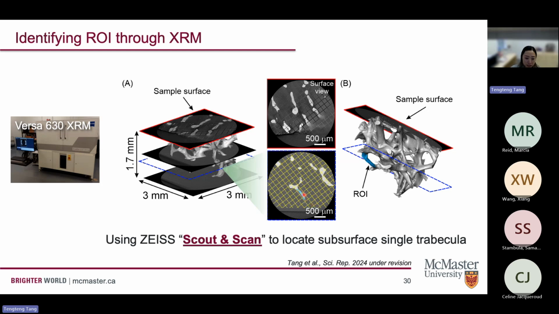So in this case, it's this blue shaded region, a single bone trabecula. We can directly locate this bone trabecula in terms of 3D spatial location with respect to the sample surface, but also in terms of its spatial location with the facilitation of the grids that we created with the crossbeam system.